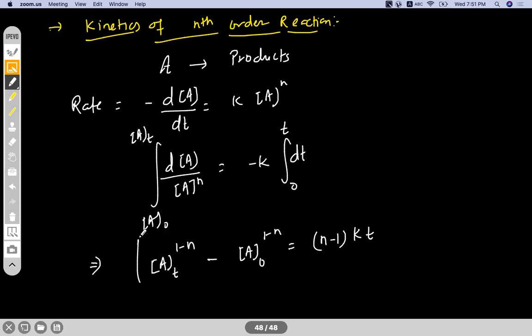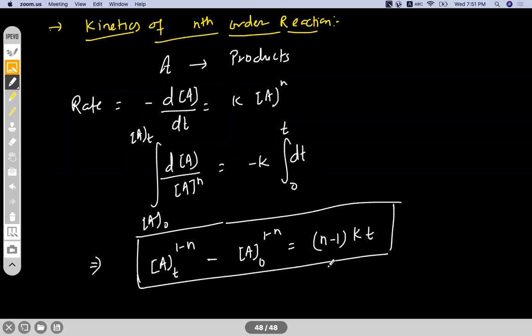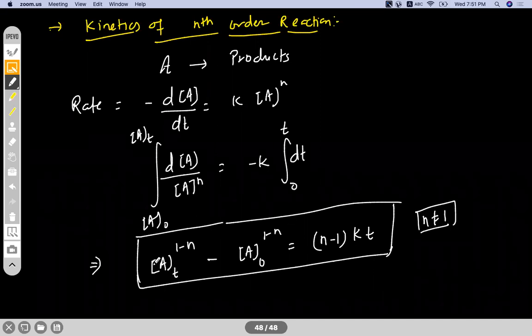This is what you will get, where n does not equal 1. It is not valid for first order because the expression will not be valid there.